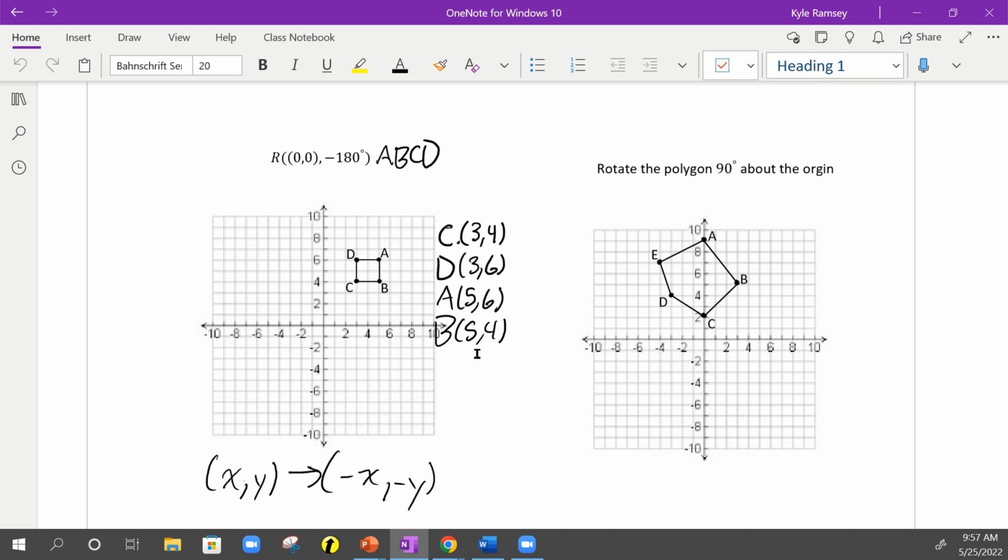So the new C will be at negative 3, negative 4, and where they intersect. D will be at negative 3, negative 6. A will be at negative 5, negative 6.